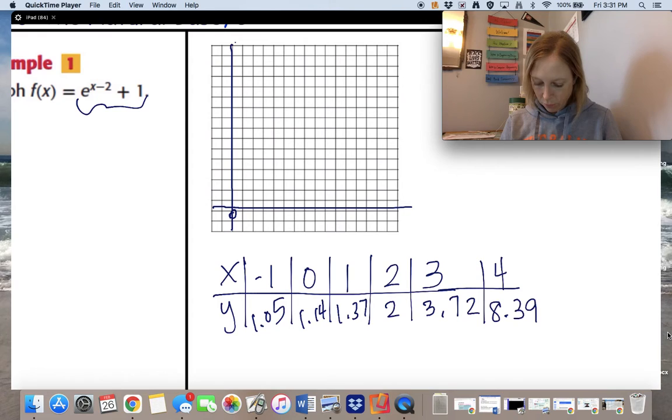So -1, a little bit more, up 1, over 0, up 1, over 1, up 1 and something, over 2, up 2, over 3, up 3.7, about right there, and then over 4, up 8.5 almost.